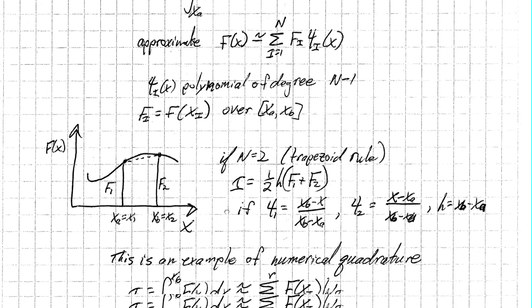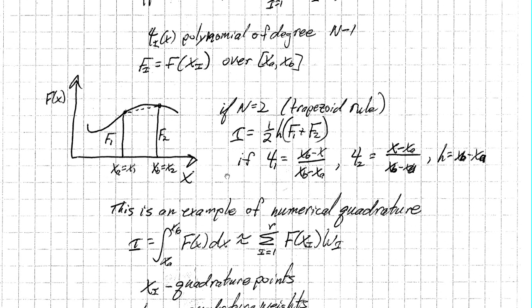Alright, let's just consider a simple case where n equals 2. You probably remember from numerical methods that when n equals 2 in this formulation, this is the trapezoid rule. If you have some curve here, you have xa and xb, here's our f1, f2, take a linear interpolation.